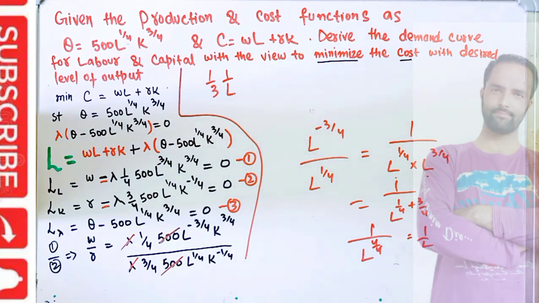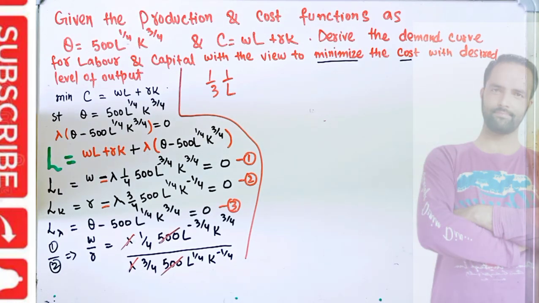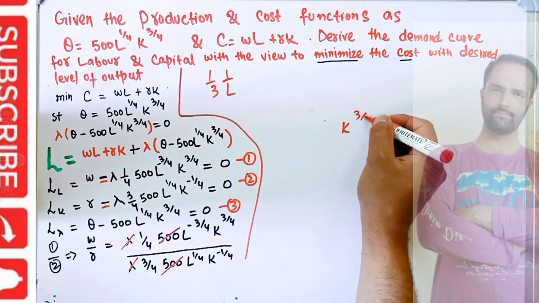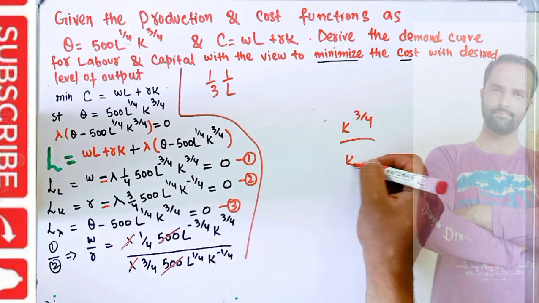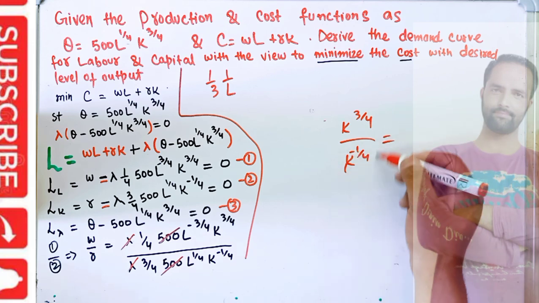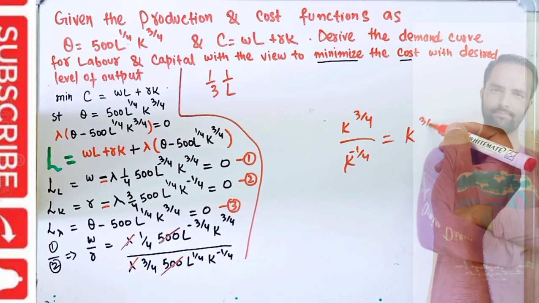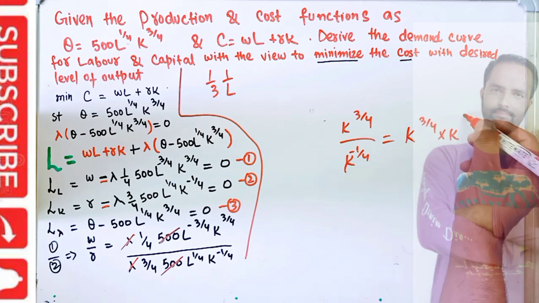Then I can use that very formula again here. I have k to the power 3 upon 4 divided by k to the power minus 1 upon 4. In this case I will transpose this negative term to numerator, so this will become k to the power 3 upon 4 into k to the power 1 upon 4.